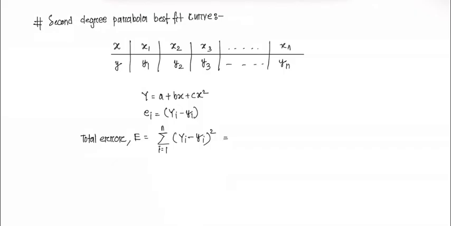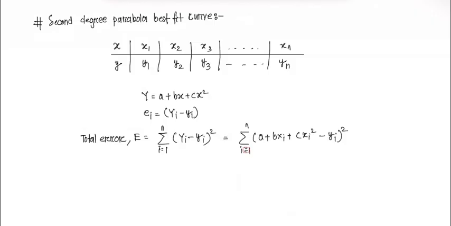Putting the value, a is constant, a plus bxi plus cxi square, and the last is yi square.